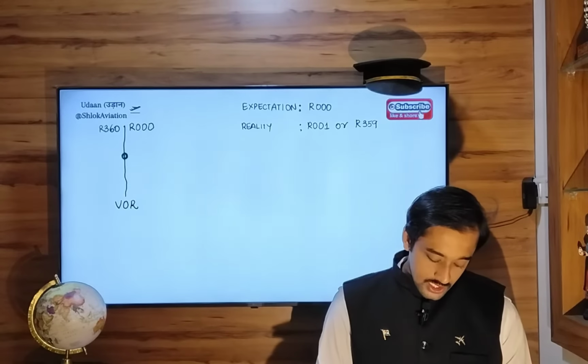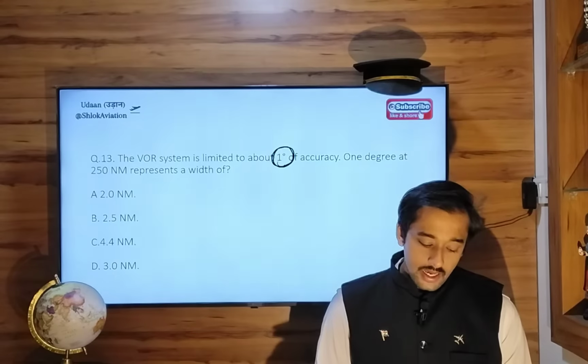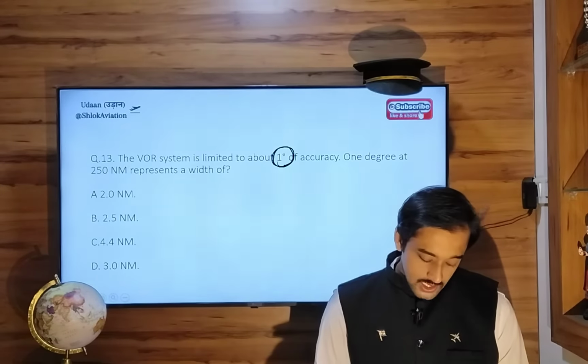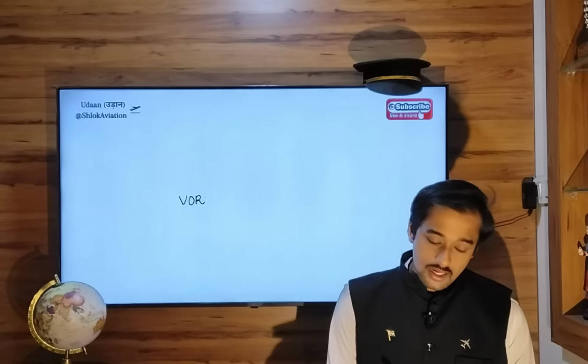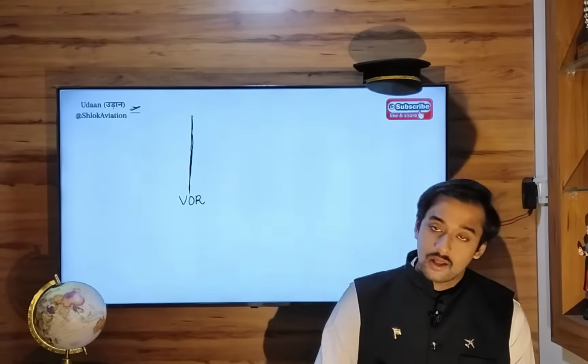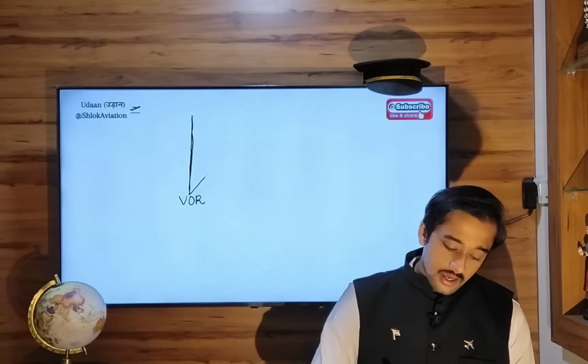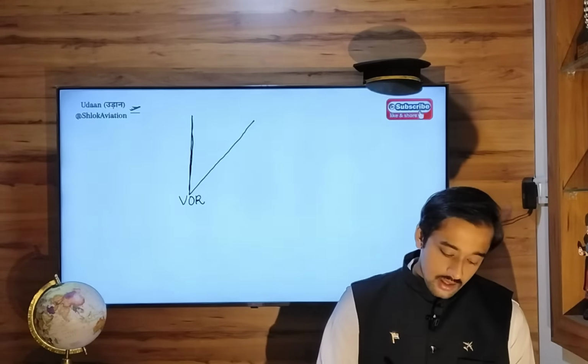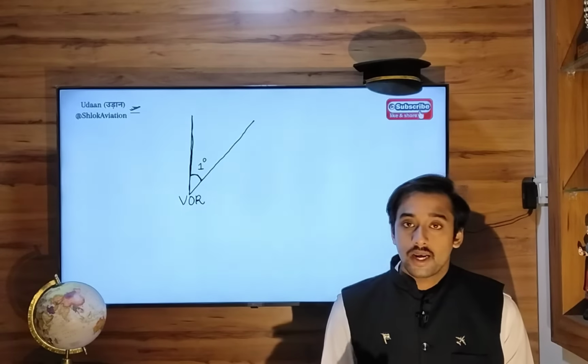Now the question is, given that 1 degree at 250 nautical miles represents a width of what? So what you have to do is draw the VOR station. This is your original radial of VOR. Another radial, an erroneous radial, is at an angular distance of 1 degree.